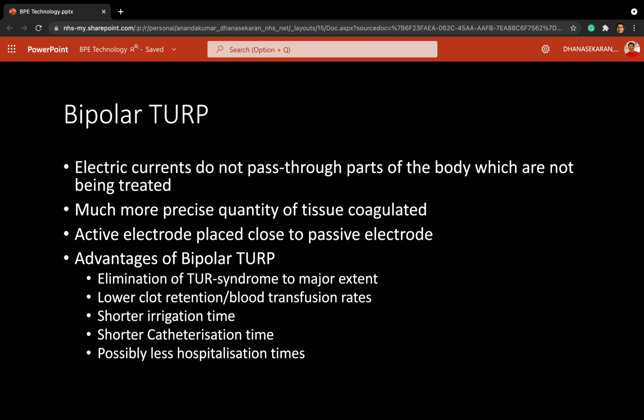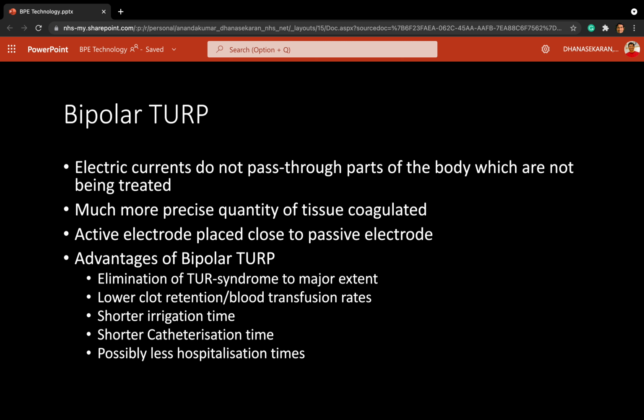Okay. Yeah. So how does the bipolar TURP work? This works along the principle that the loop itself, first of all, it's a coaxial sheath the loop is connected into. Each limb of the loop, so the descending limb of the electrode, is the active electrode.